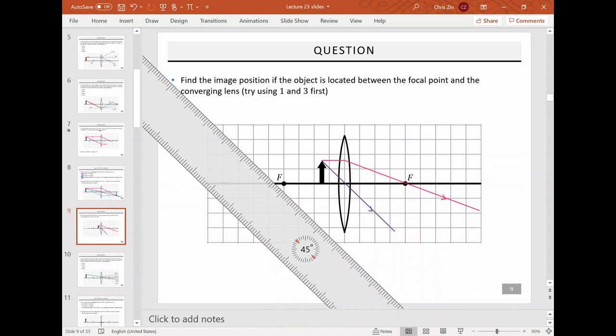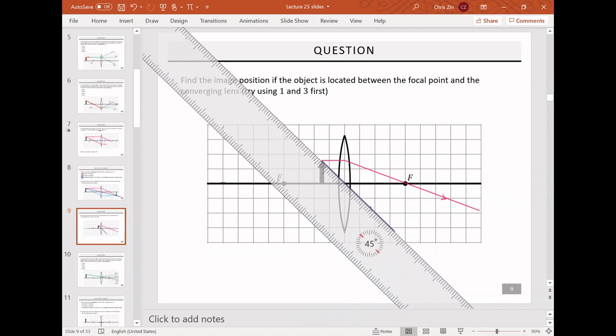Now you'll notice that these two outgoing rays are spreading apart. So they're never going to meet, and they'll never form an image on the right side of the lens. In order to find out where the image location is, we have to actually trace back these outgoing rays to see where it looks like they were coming from.